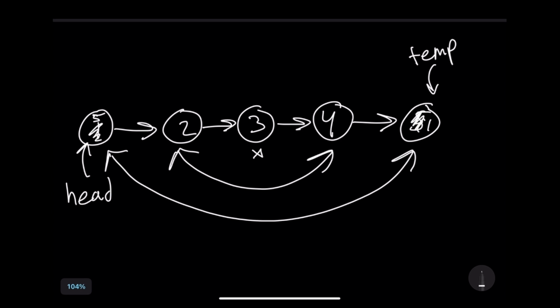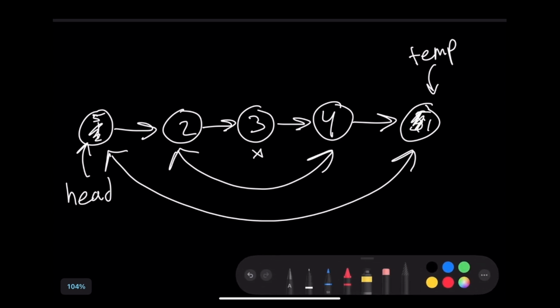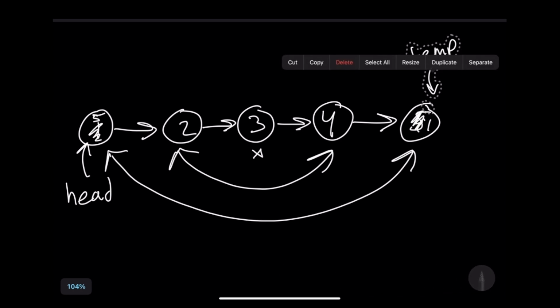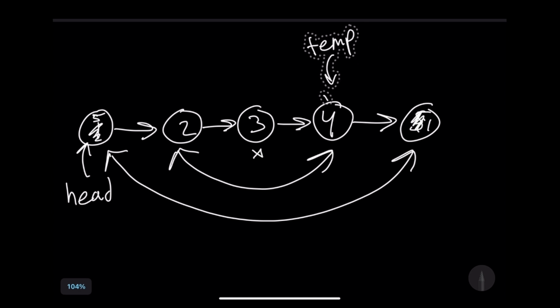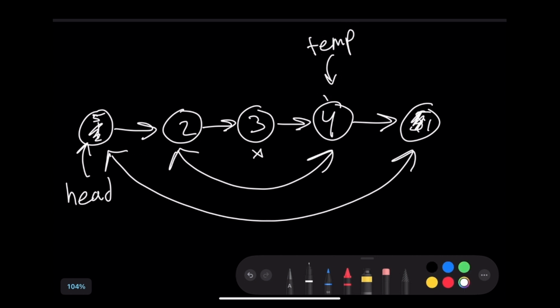Then I move my temp node back one to the 4, and I move my head node forward one, and then I swap the next set. So this might be something that works.